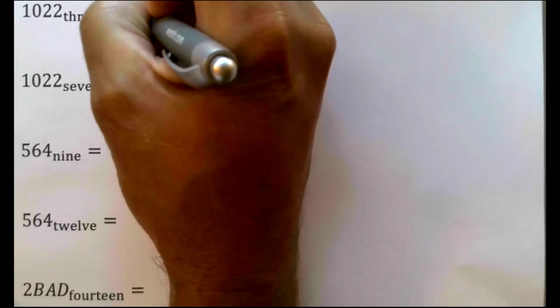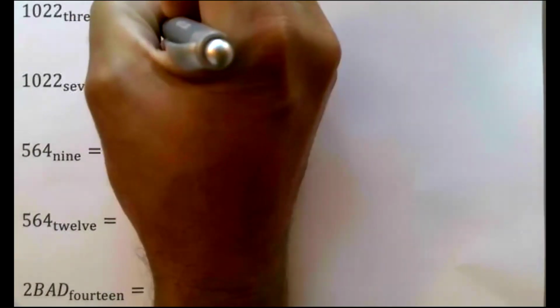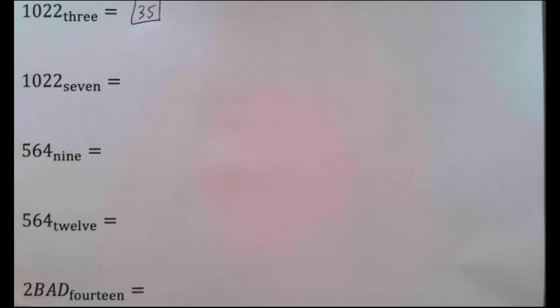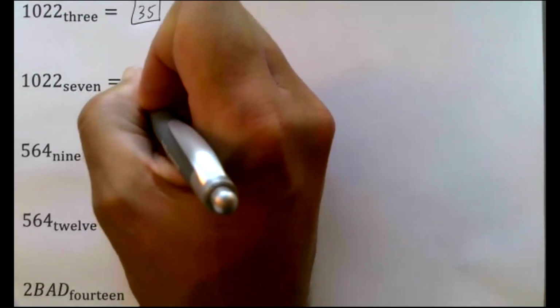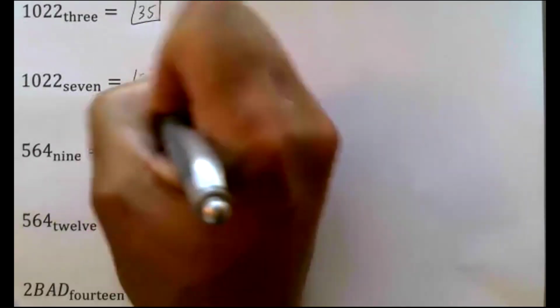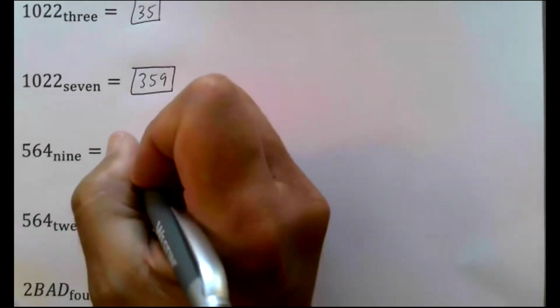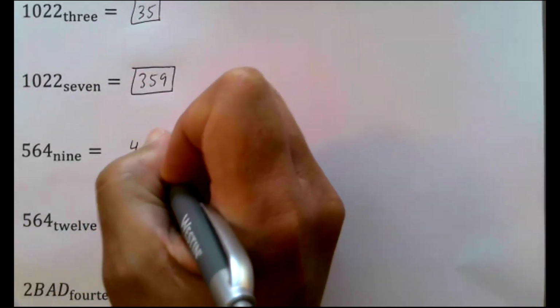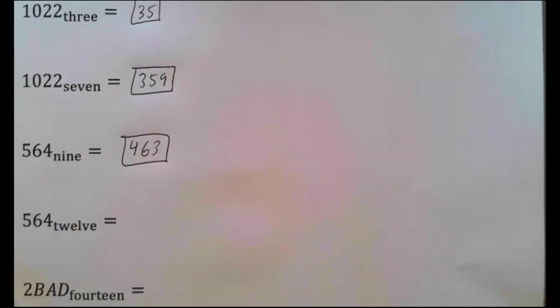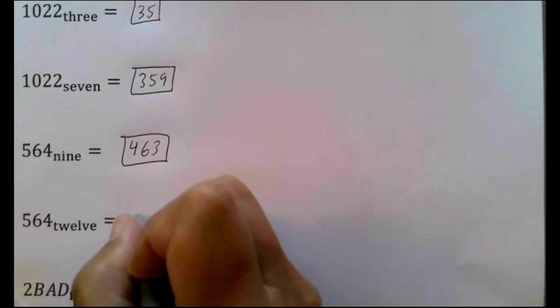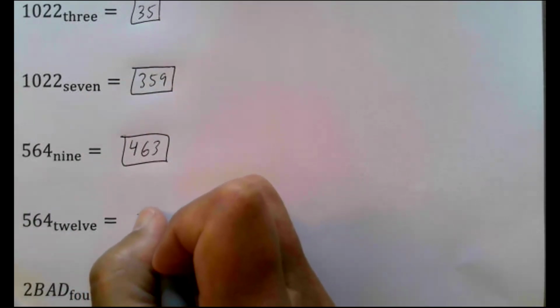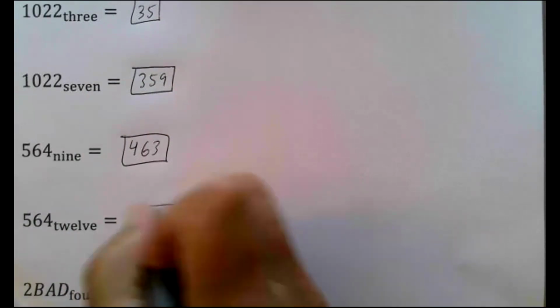Okay, 1022 base 3 turns out to equal what we would call 35 in base 10. 1022 base 7 turns out to equal what we would call 359 in base 10. 564 base 9 turns out to equal 463 in base 10. 564 base 12 turned out to be 796 in base 10.